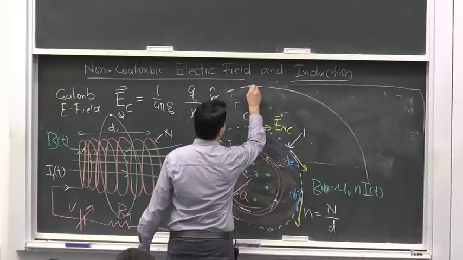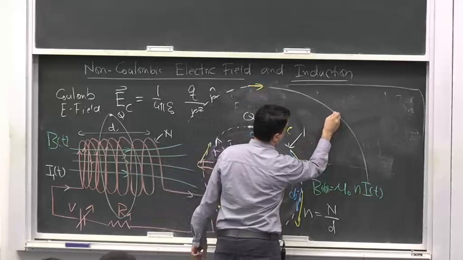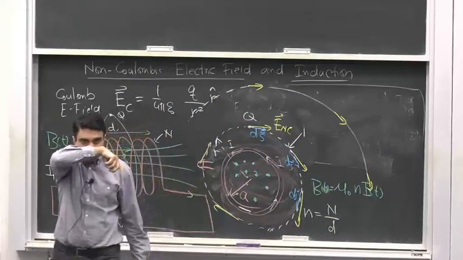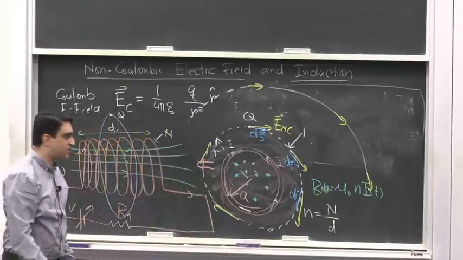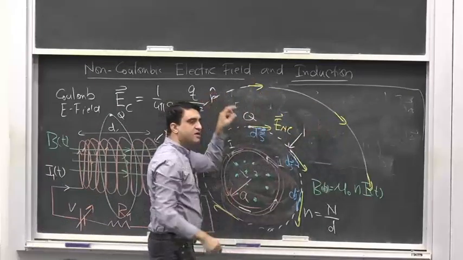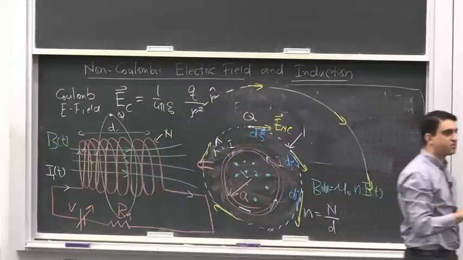So I have chosen a path which has twice the distance away from the solenoid.